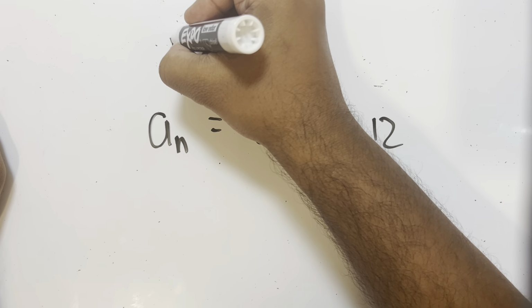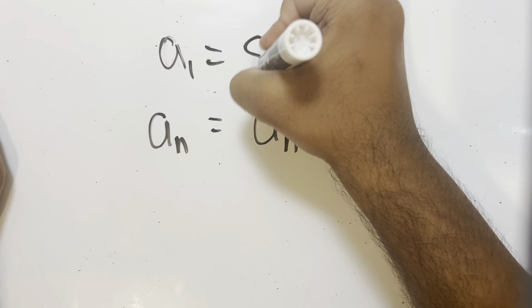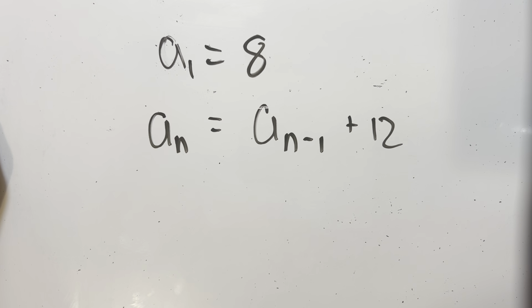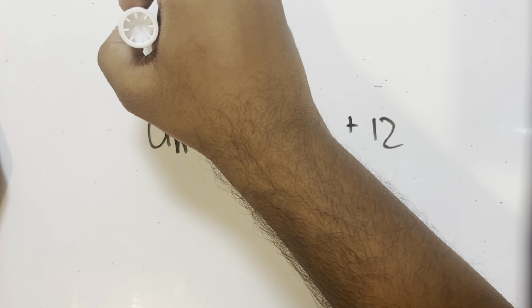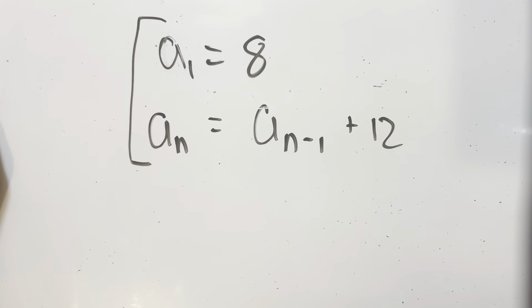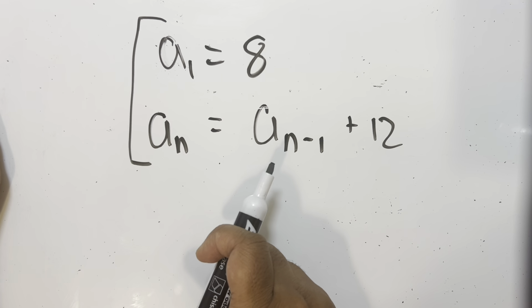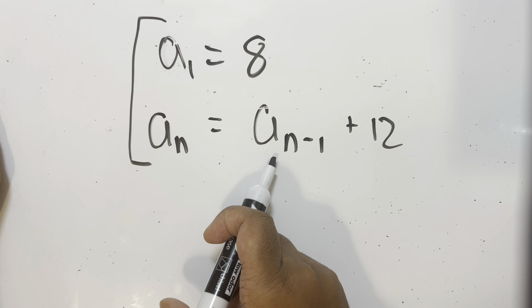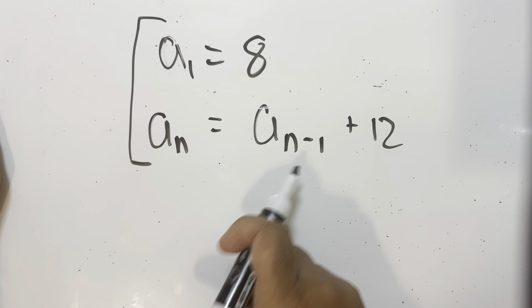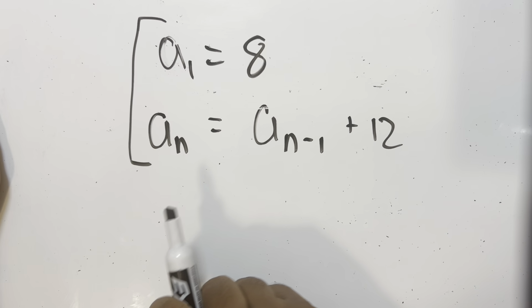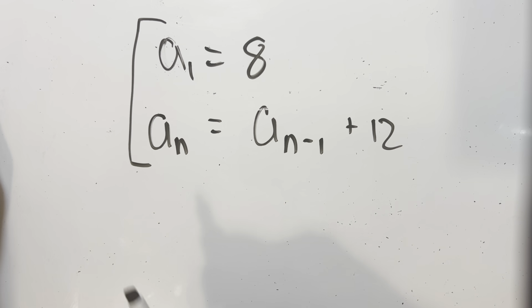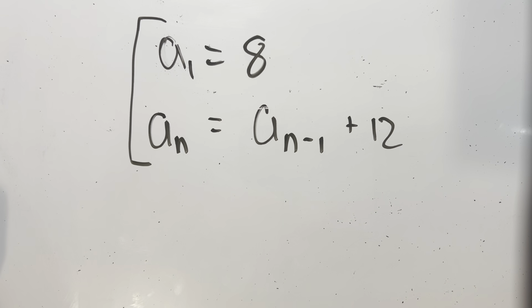So I write A of 1 equals 8. And that's it. That is my recursive formula. I say what A of 1 is, and then I show what A of n is. I can get to A of n from the term before, A of n minus 1, and adding the common difference 12. So that's the recursive formula for this problem.